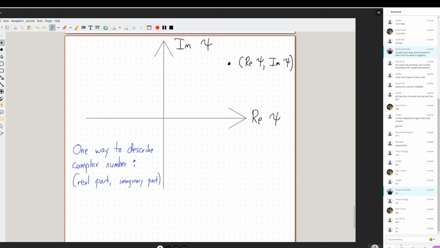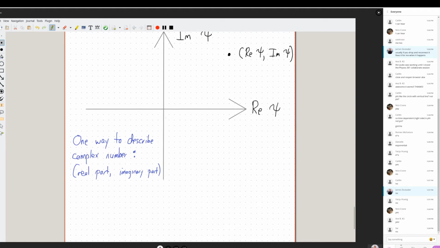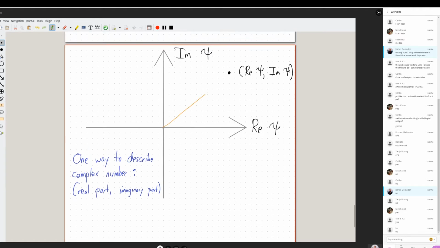But what would be another way I can describe that position on this coordinate plane? As a hint, I'm going to draw in that arrow. How else could I describe that arrow to you if you're thinking about it like a vector?